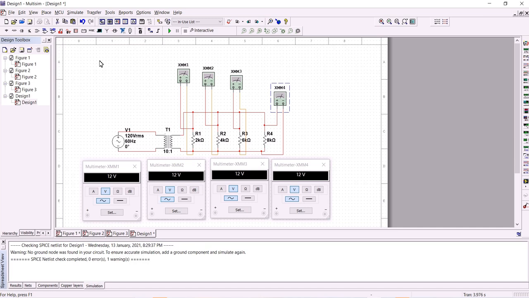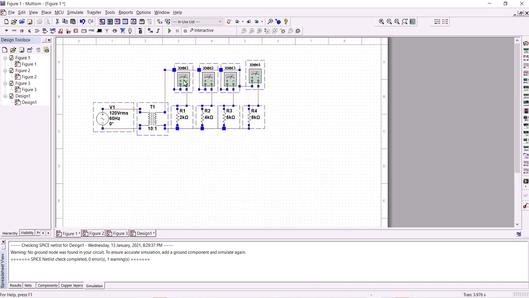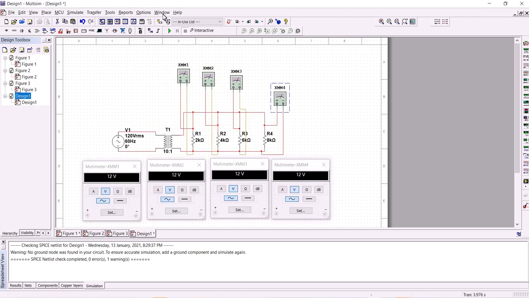So I've done two circuits, one to measure the voltage and one to measure the current. Now for the voltage, let's run. Since it's in parallel, the voltage across each resistor is 12 volts.